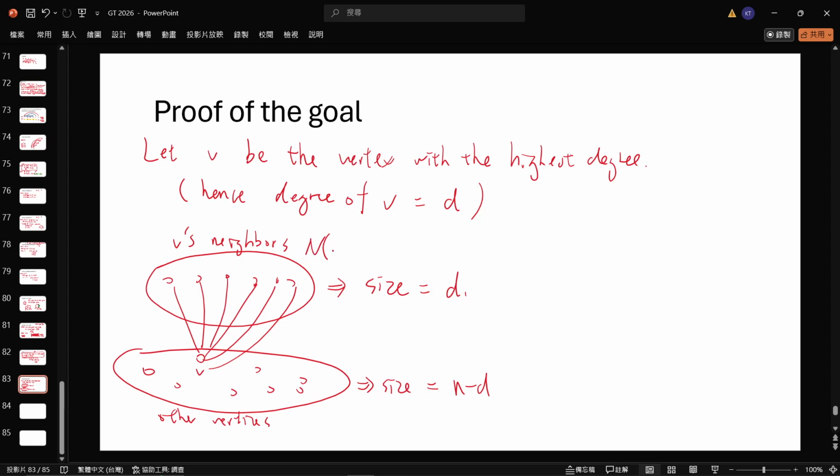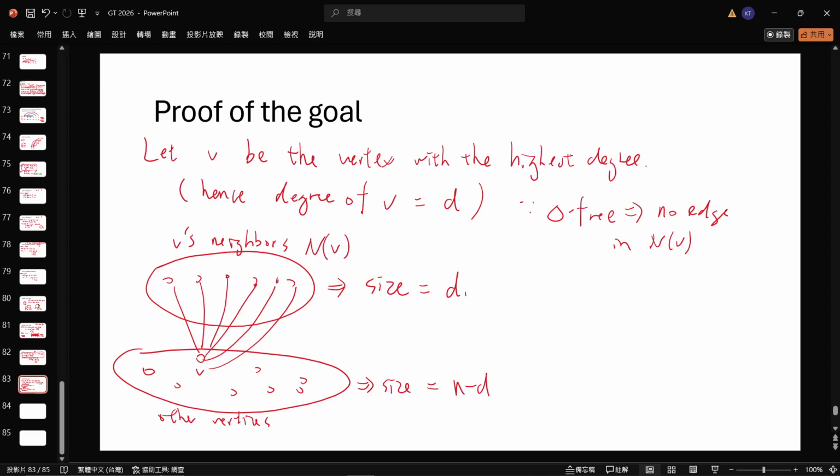So let me call this N of v. Because it's triangle free, this means no edge in N of v, otherwise you'll create a triangle.